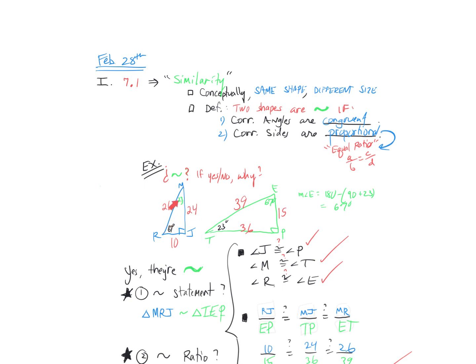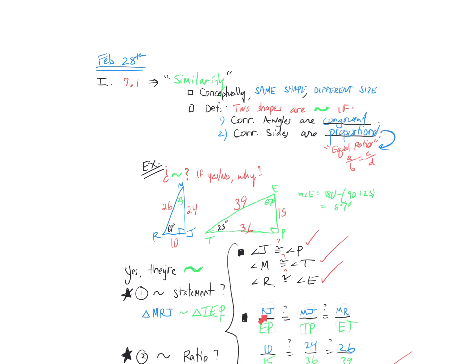So we can determine that the missing angles were 23 and 67. And so we can see that angle M and angle T are both 23 degrees, so they're congruent. And angle R and angle E, they're both 67 degrees, so they're congruent. So we've satisfied requirement number one, the corresponding angles are all congruent.